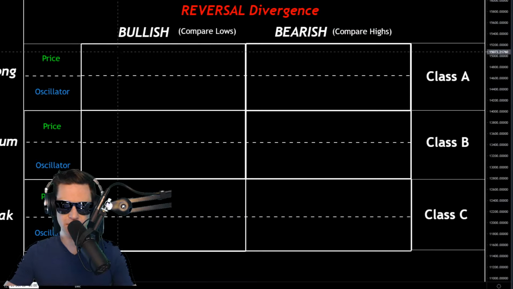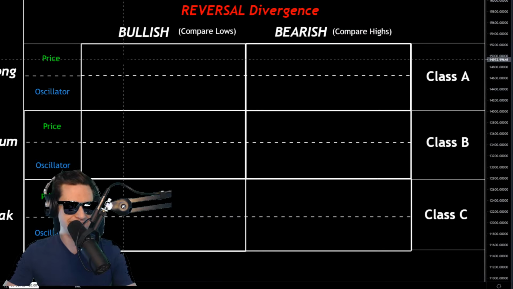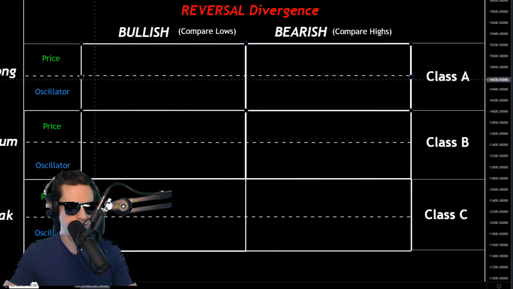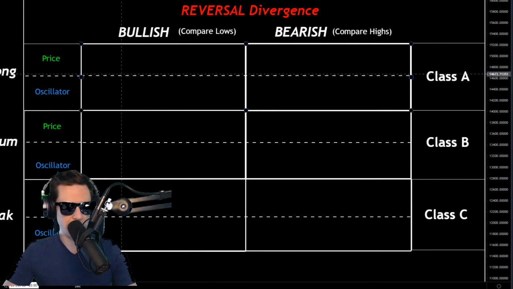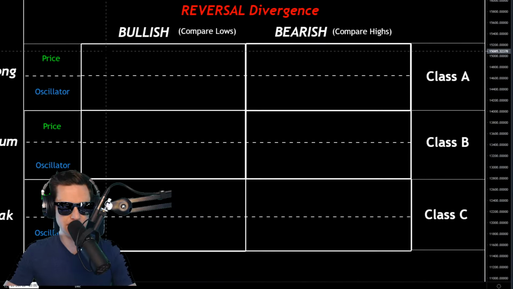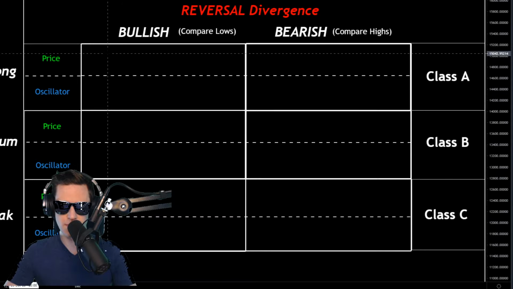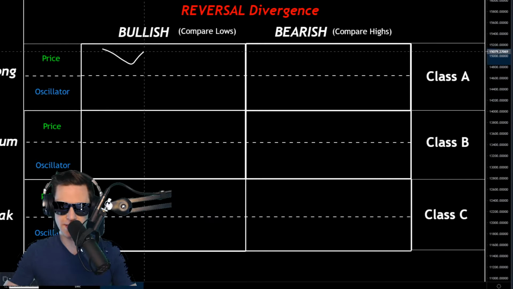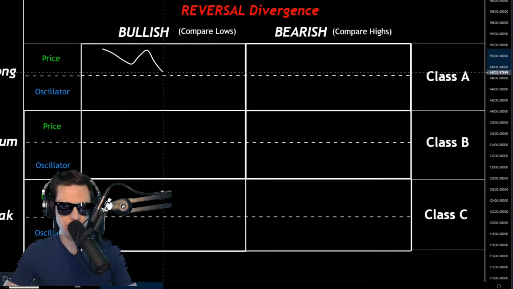So strong divergence. What we'd expect to see in all bullish divergences for reversal is that we are comparing the low points of price action. So in the example of a strong bullish reversal divergence, we would see price sell off, have a short-lived rally, and then sell off again to a lower low.